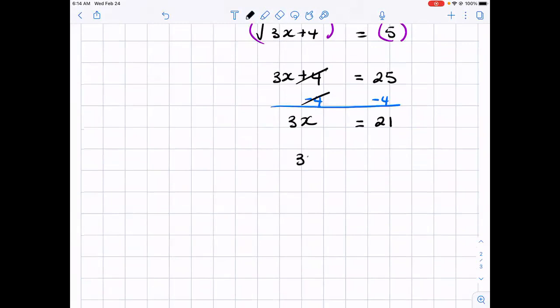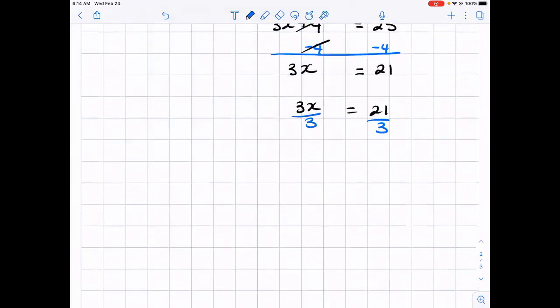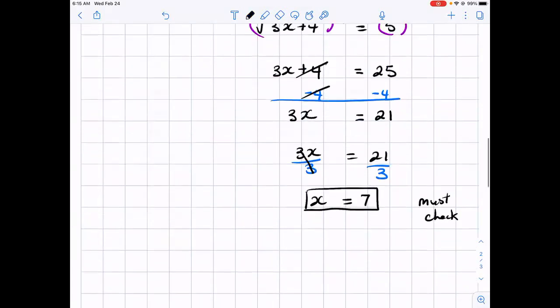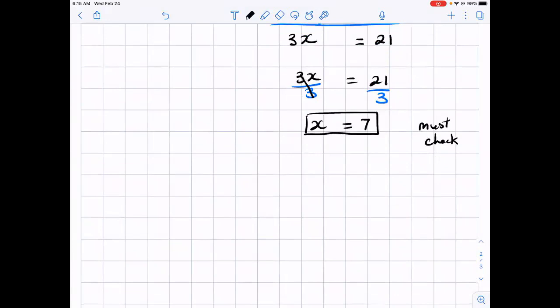And now to get x by itself, we will divide both sides by 3. 3 divided by 3 is 1, so we don't write 1x. 21 divided by 3 is 7. So don't forget, we have to check. You must check, because you squared. This could possibly be an extraneous solution.